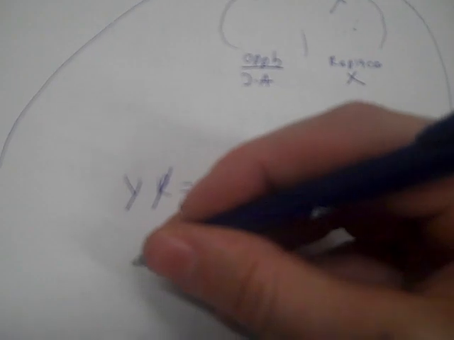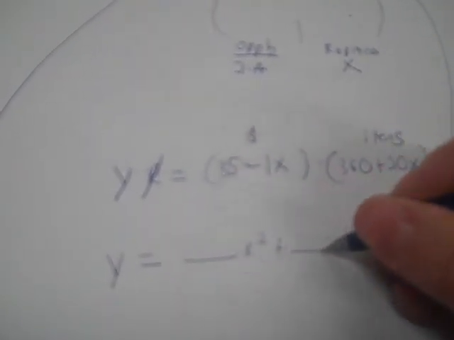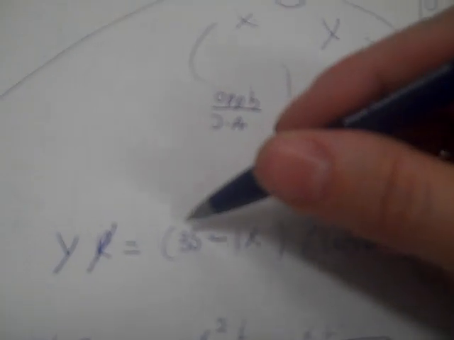Okay, now get rid of your parentheses, and then you'll have your x squared term, your x term, and your constant, and a and b. Now you simply do the FOIL method, okay? It's 1 and then 2. 35 times 380. 35 times positive 20x.